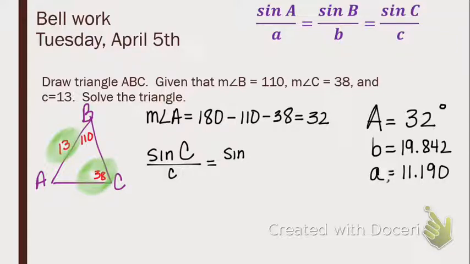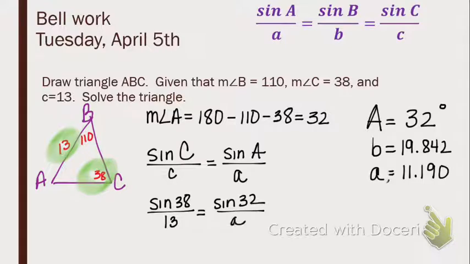All right, so I'm going to find little a first. So I'm going to set it up. Sine of angle A over A. So that's my formula. So I have the sine of angle C, which is 38, over 13 equals the sine of angle A, which is 32, over A. Cross multiply it.